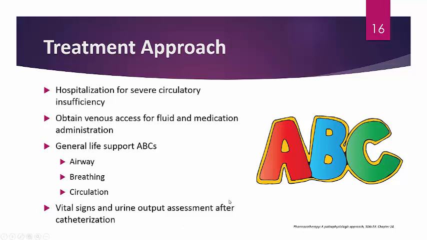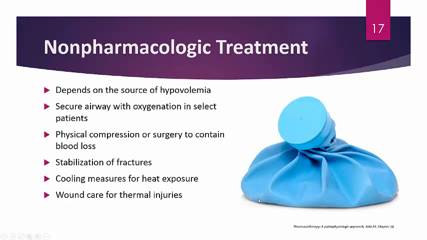And then we also want to obtain vital signs and a urine output assessment after they have a urinary catheter inserted. Because remember, urine output is one of those indicators of potential organ failure, particularly with the kidneys. If you're not having any urine output, you're not having any fluid potentially hitting those kidneys to make urine. You're having that kidney fail, essentially.